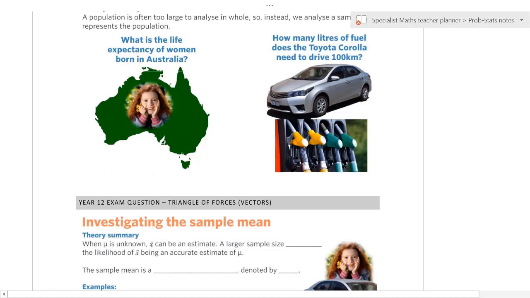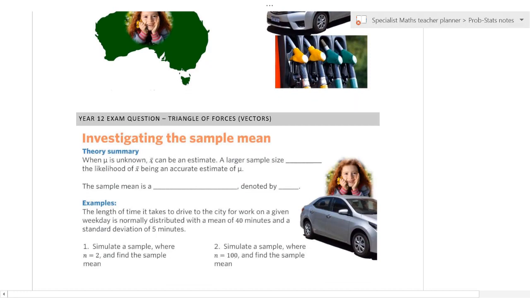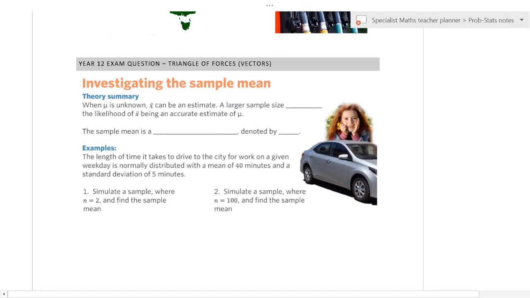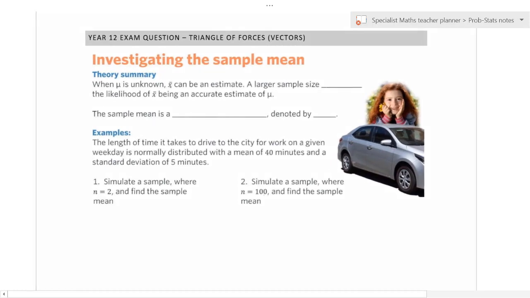At the moment, I have shares in a company which is trying to create a drug for osteoarthritis. And so what they'll do is they'll do trials and take samples of the population, and they will then use that sort of analysis to come up with confidence intervals and all these sorts of things. So this stuff is really relevant.